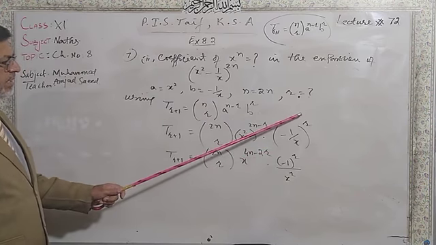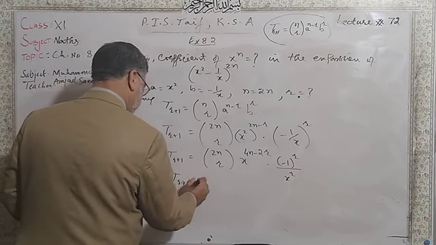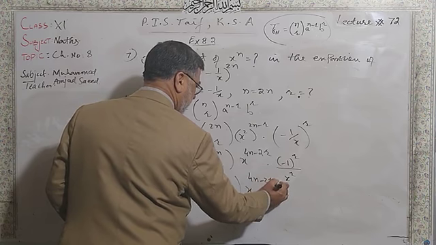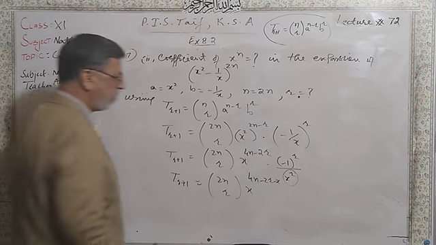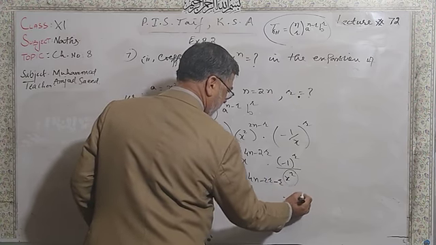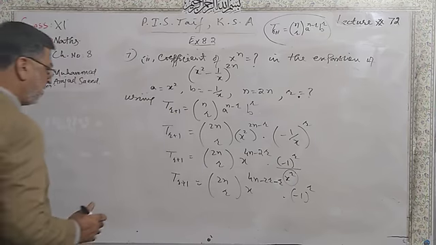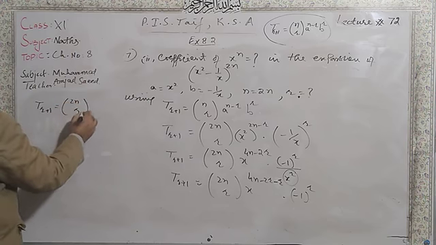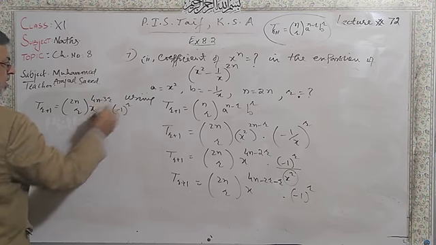The minus 1 over x whole power is distributed. Bring this x power r to the numerator, and it comes with the negative sign. So we have T r plus 1 equal to 2nCr x power 4n minus 3r, minus 1 power r.